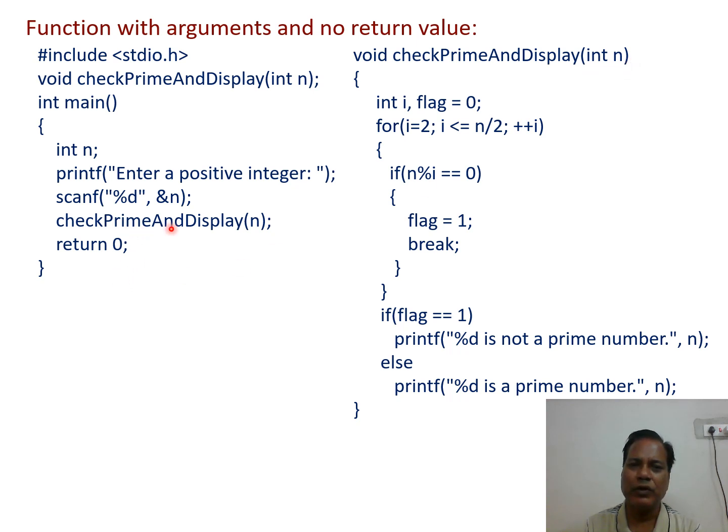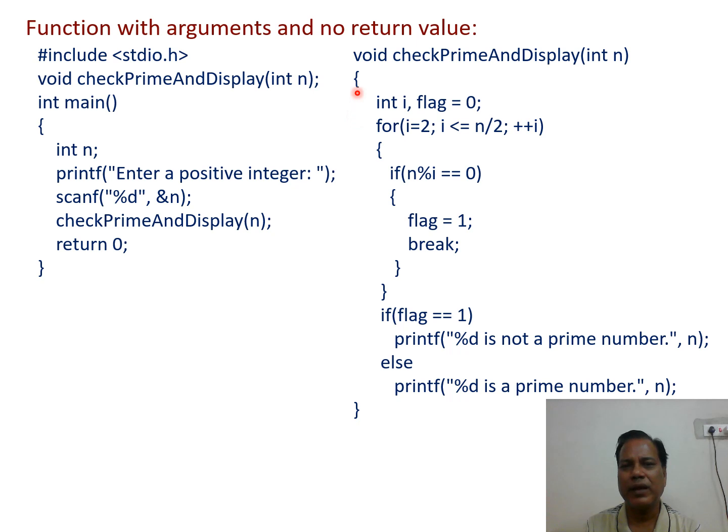When a value is passed to a function while calling, it is the actual parameter, also called the actual argument. And in the function declaration, int n is the formal parameter list. So the actual value is copied to the formal parameter variable n.